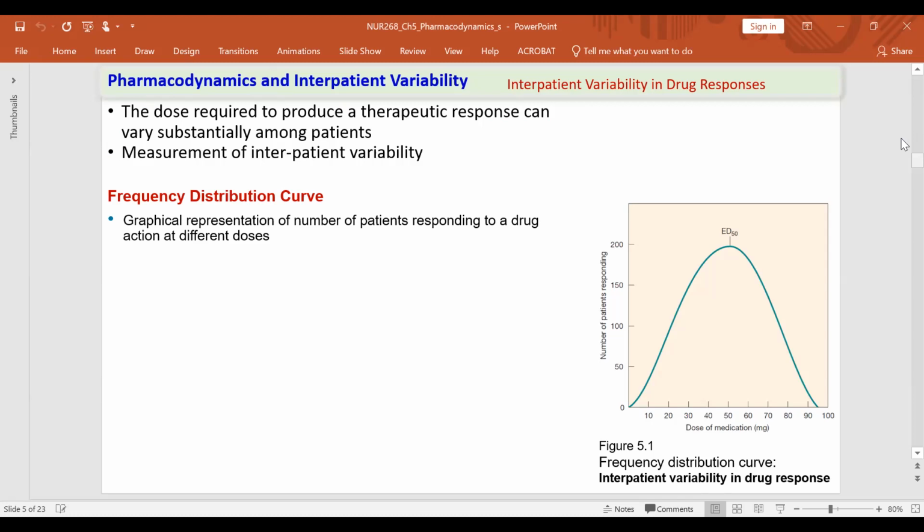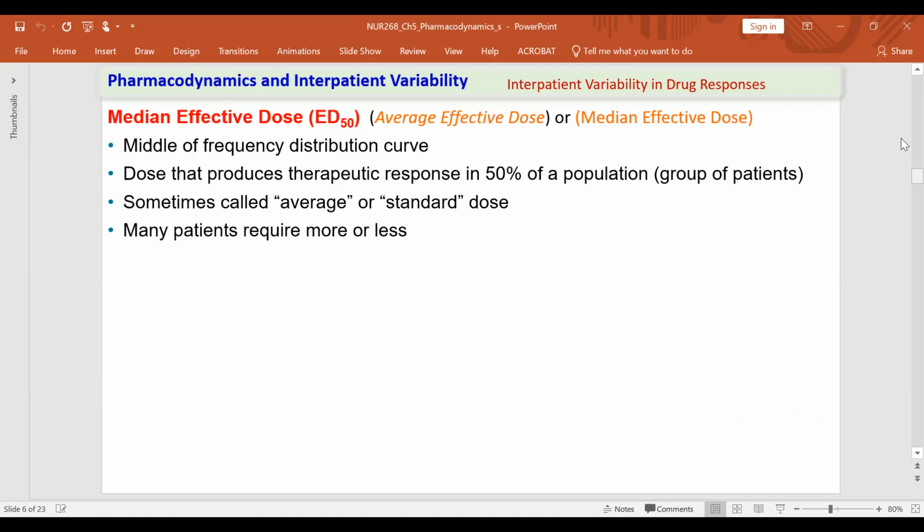Now, the peak of the curve indicates the largest number of patients responding to that specific drug. But it doesn't show the magnitude of the response, it just gives us the number of patients who responded to the drug at different dosages.